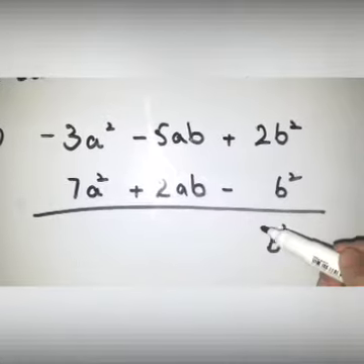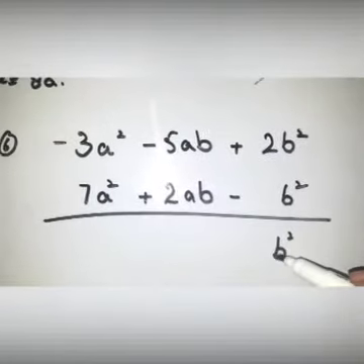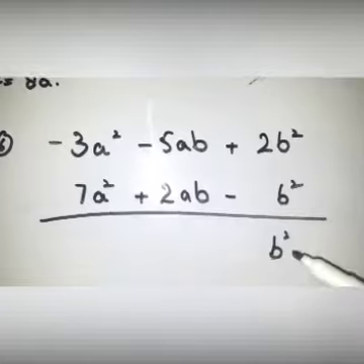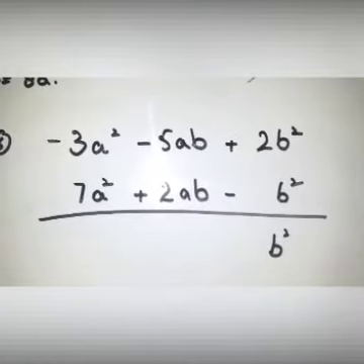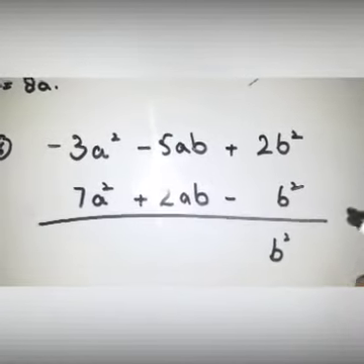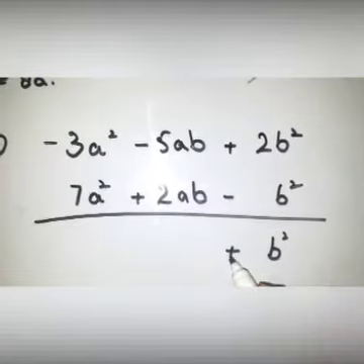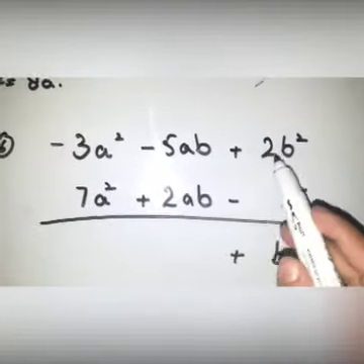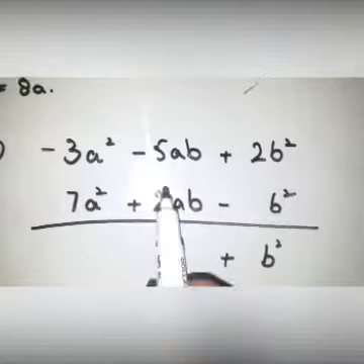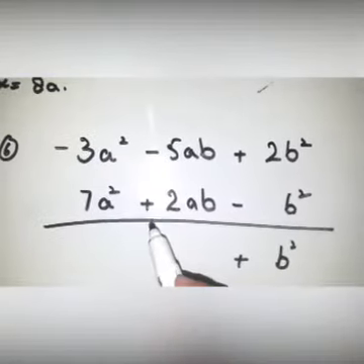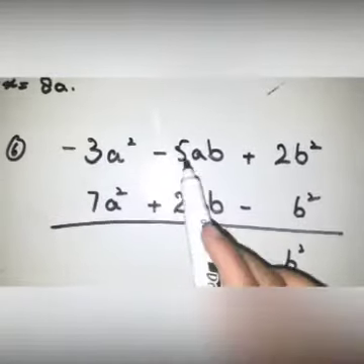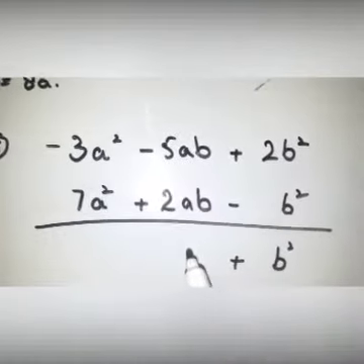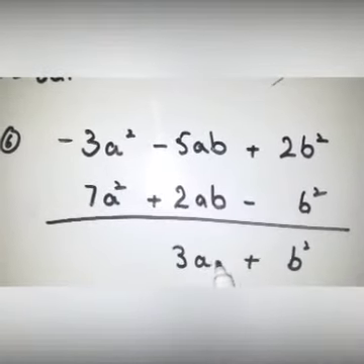We will not write 1 here because every single letter or alphabet has the digit 1. Plus will come here because the greater value has the positive sign. Now plus minus minus, subtract 2 from 5, the answer is 3ab.